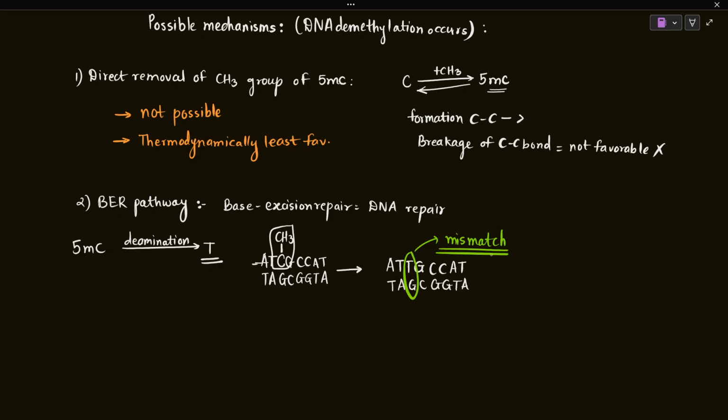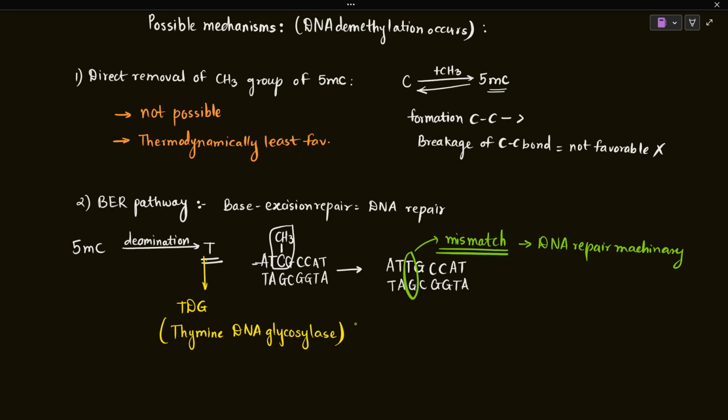To correct this mismatch, the DNA repair machinery plays its role. On the thymine that was created by deamination of 5-methyl cytosine, an enzyme known as TDG, thymine DNA glycosylase, acts. This TDG enzyme is responsible for removal of thymine.